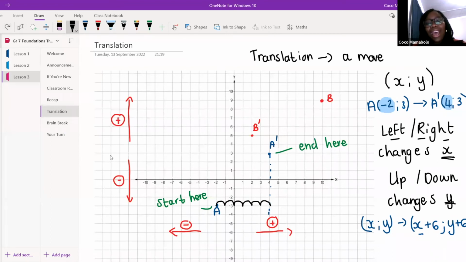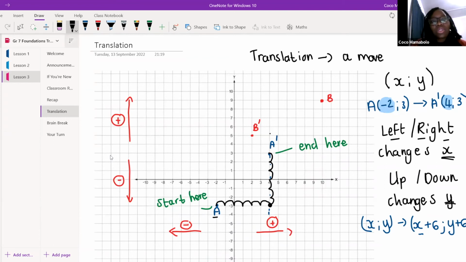Now, I'm at this point, and I want to go up to A prime. How many times am I going to go up? If we count 1, 2, 3, 4, 5, 6. So what I've actually done is I've taken my x value for A and I've moved plus 6 to the right and plus 6 up.